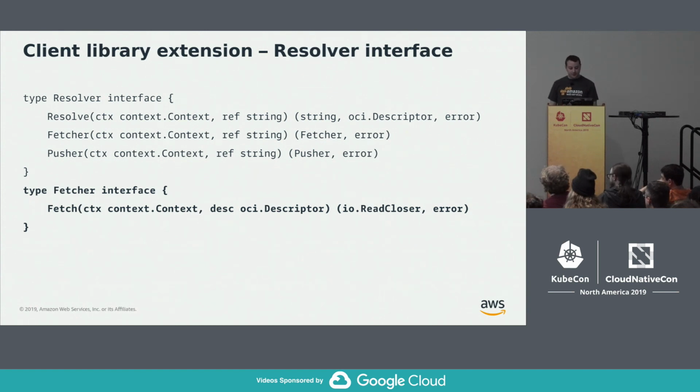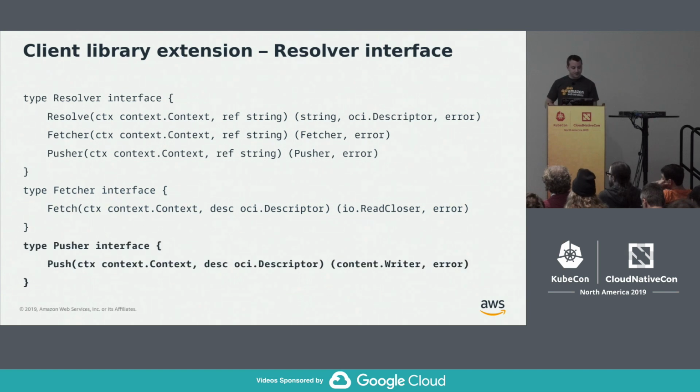The reader that's returned actually hides the implementation of the network activity from the client. So it's the responsibility of the fetcher to do whatever it wants to do. In the ECR resolver that we wrote, we have a fetcher that can make multiple parallel requests for different content ranges in the same layer, which gets us a lot faster downloads than the default.